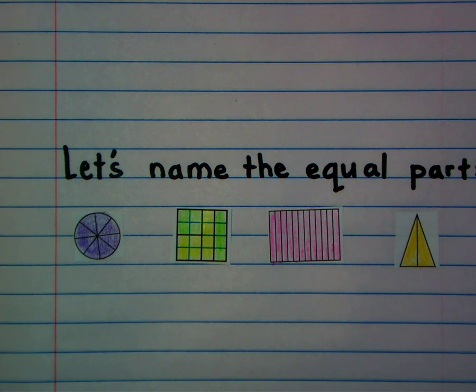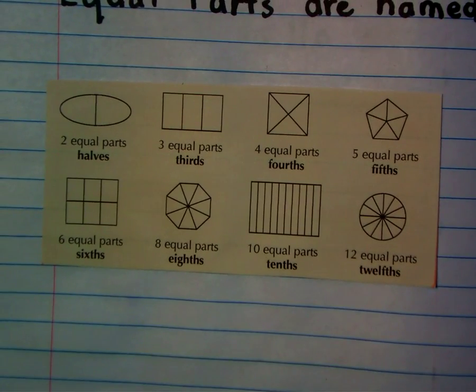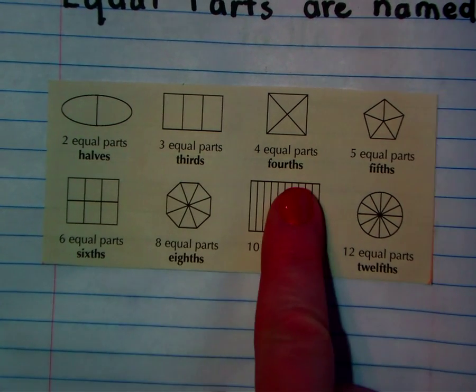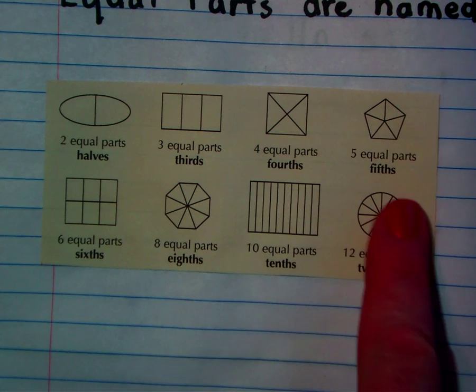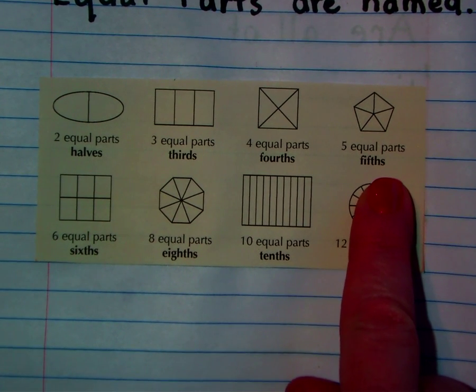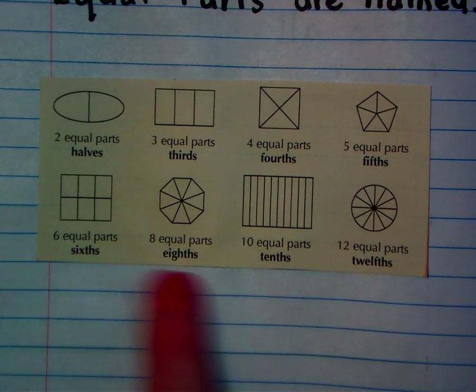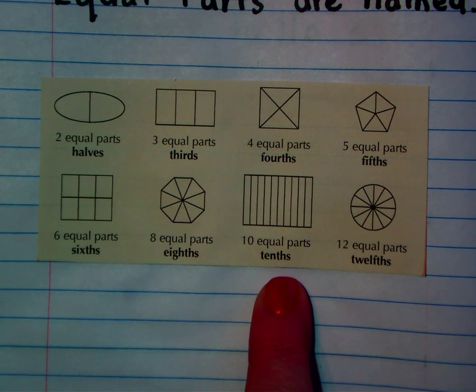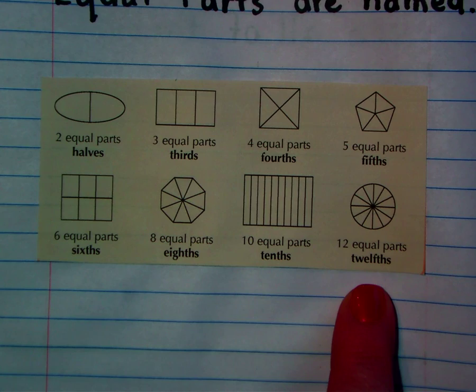Talk about what you've learned today and review together. 2 equal parts are halves, 3 equal parts are thirds, 4 equal parts are fourths, 5 equal parts are fifths, 6 equal parts are sixths, 8 equal parts are eighths, 10 equal parts are tenths, and 12 equal parts are twelfths.